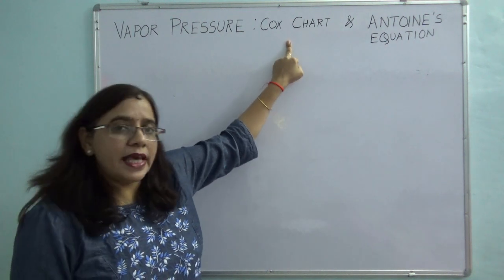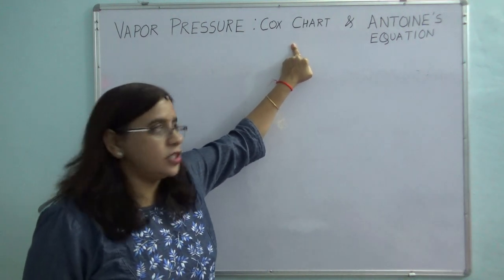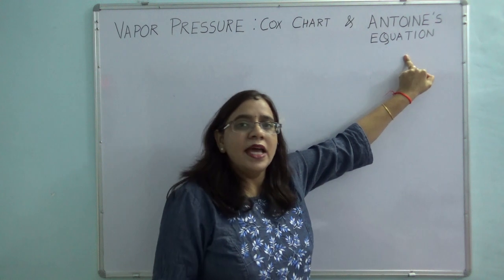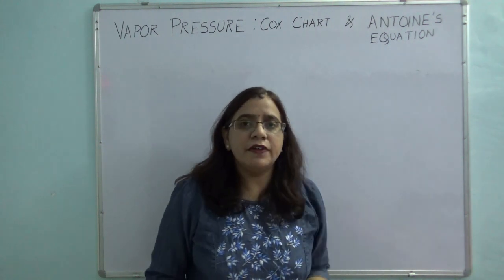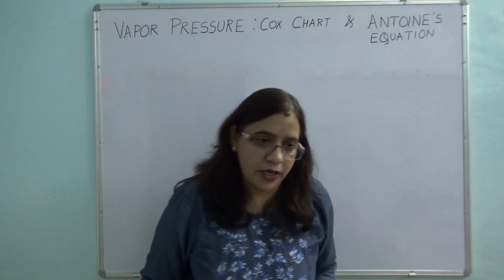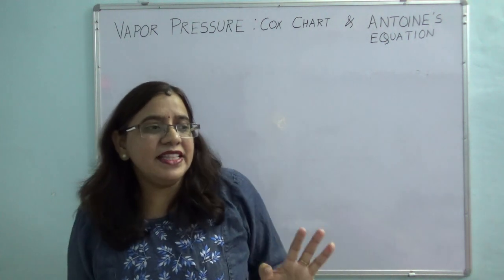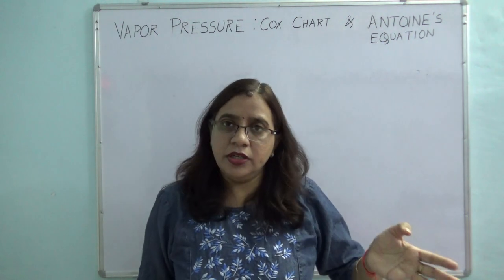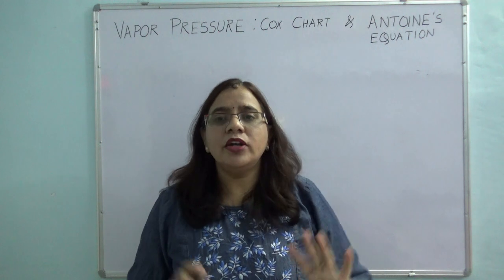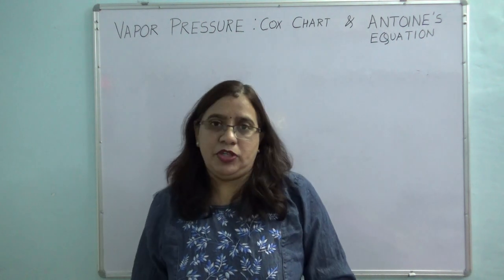One is calculating the vapor pressure using the Cox chart, and the second one is Antoine's equation. So let's first see quickly what the Cox chart is. We had seen that vapor pressure usually does not vary linearly with temperature.